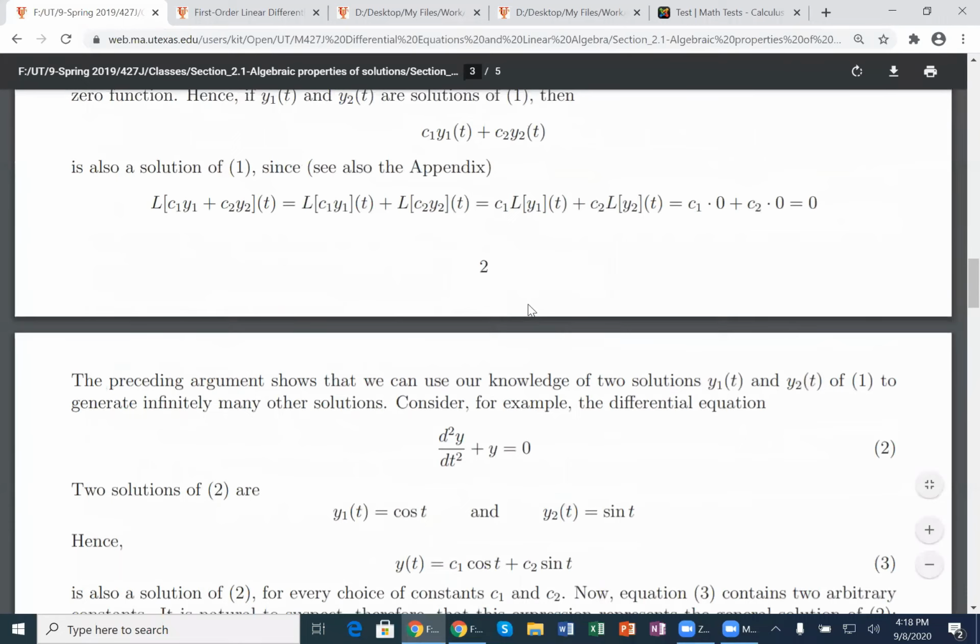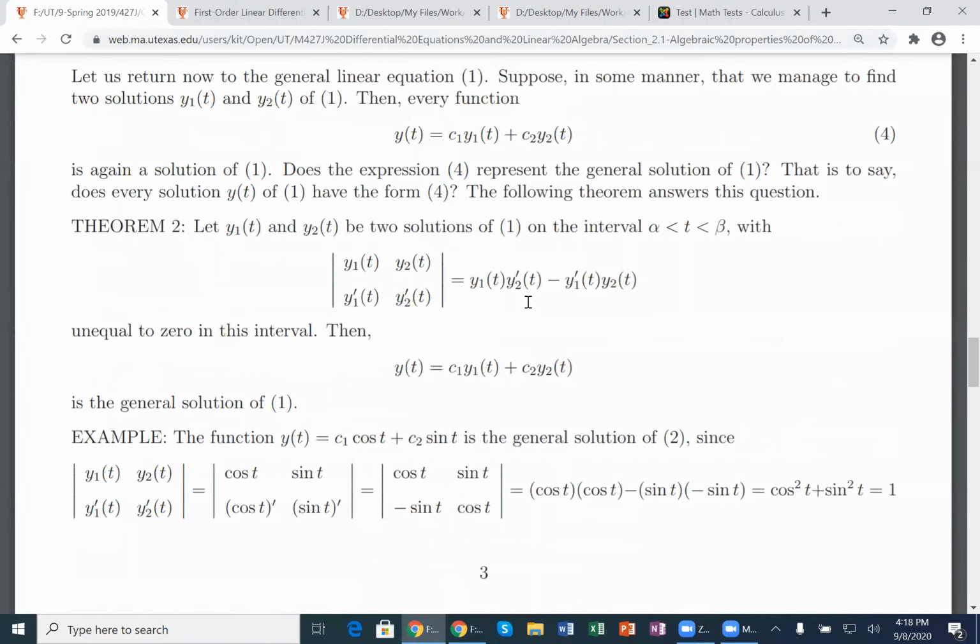Here's what we do next. Let us consider the following so-called 2 by 2 determinant. A 2 by 2 determinant is equal to this times this, which is over here, minus this times this, which is over here.